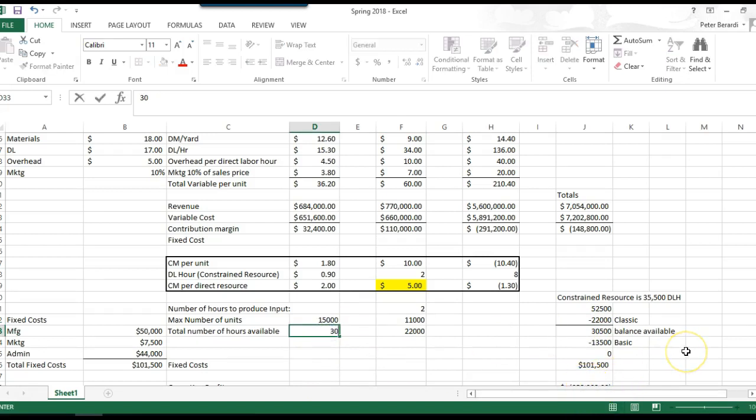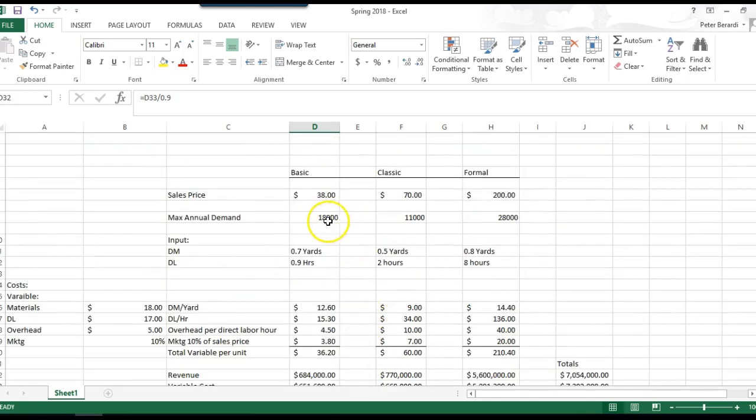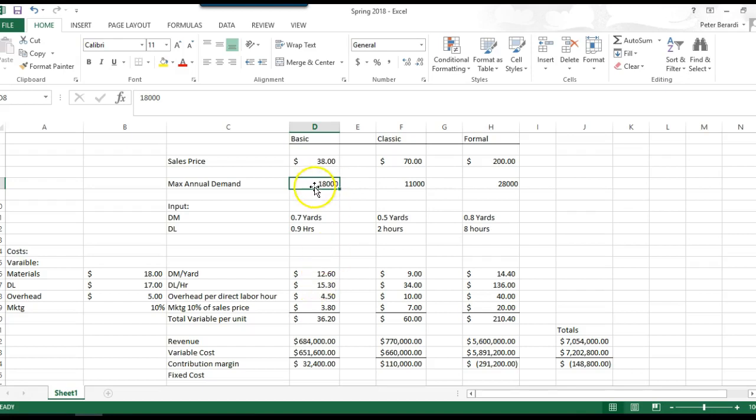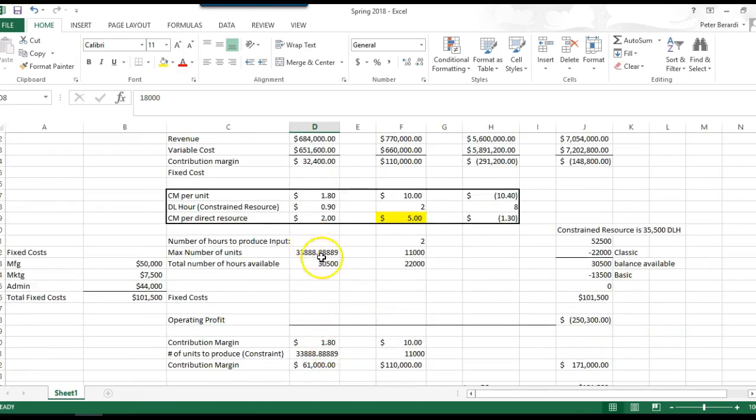So if we take 30,500 available, that means we can produce 33,888 or 89 units of basic. But the maximum demand is 18,000. So in this case, we're going to produce all 18,000 units.